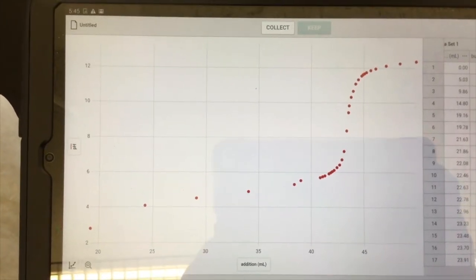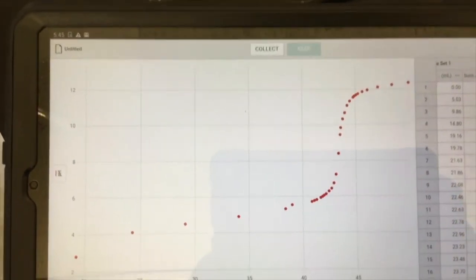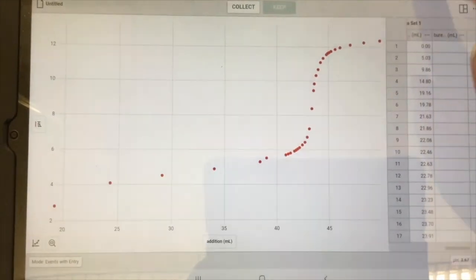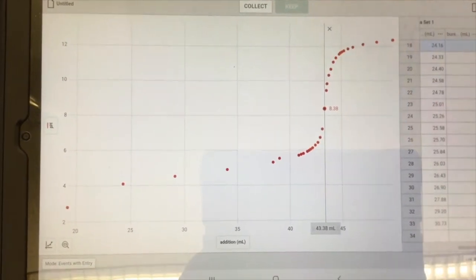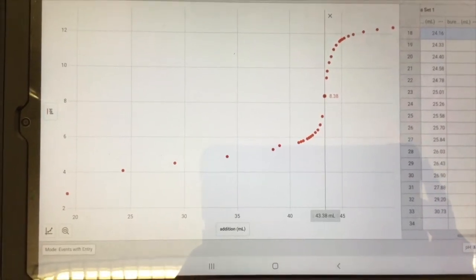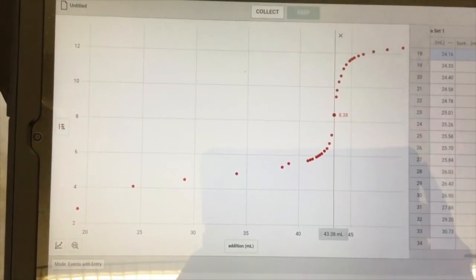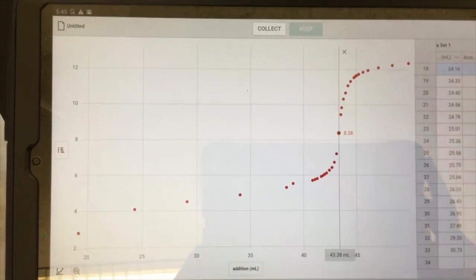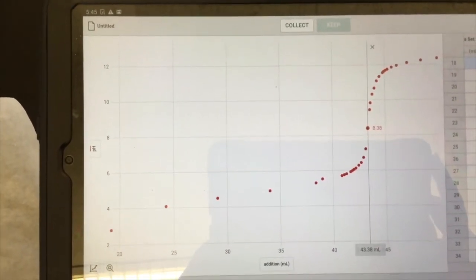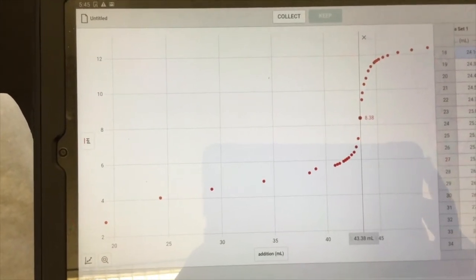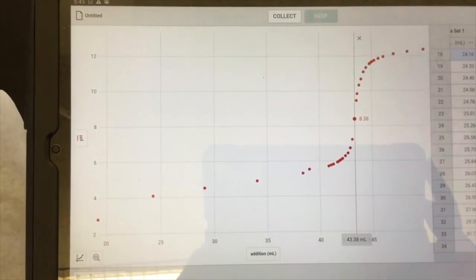So it turns out that if we look at where the equivalence point is on our graph, which I will try and illustrate here, which was roughly at our 43.38 milliliters, and we go halfway back. Well, halfway back, remember, is halfway between that point and where we started, and we started close to 19.